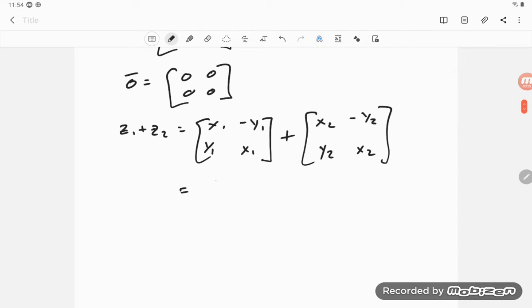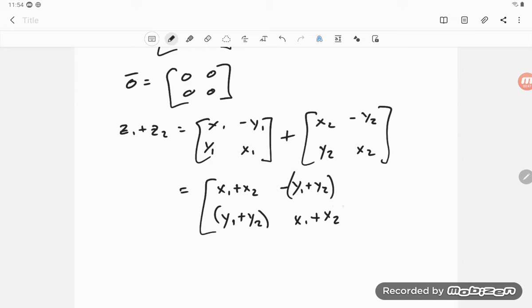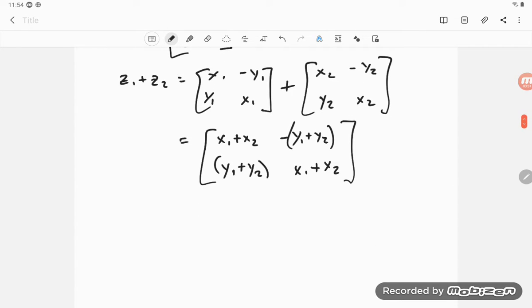And so that is x1 plus x2, minus y1 plus y2, y1 plus y2, and x1 plus x2. So you see it works there for addition.